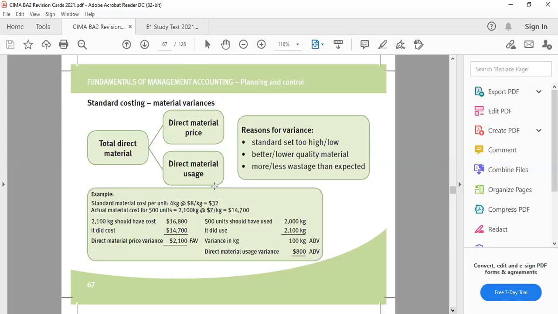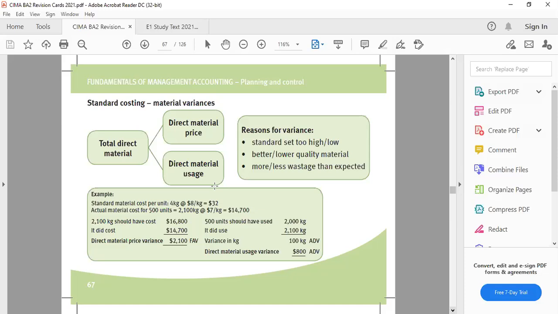Then again, we have to understand why does a variance arise in the first place. So the variance arises because of wrong estimation. All the time, one important thing is they were unable to estimate it appropriately. So wrong estimations is one major reason. Apart from that, the prices also fluctuate.